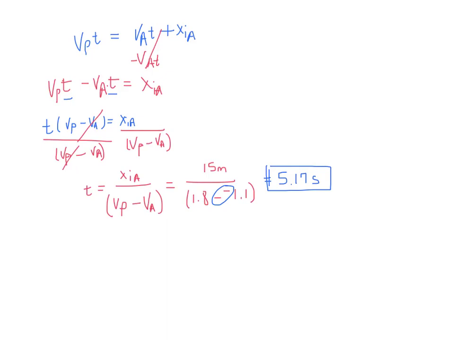Now, the second part was asking for the position at which they collide. Because we have two equations that equal position, we can use either one. Penny's will be the easiest because of her initial position.